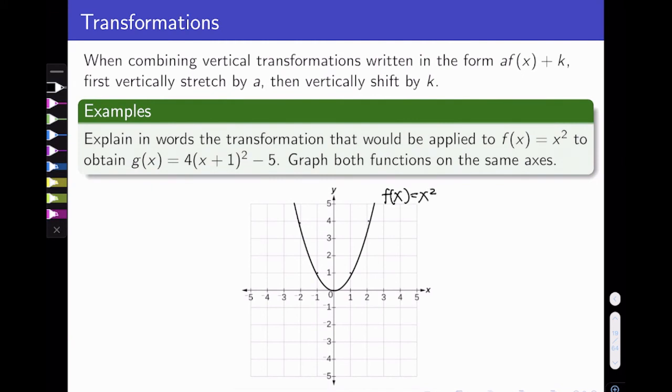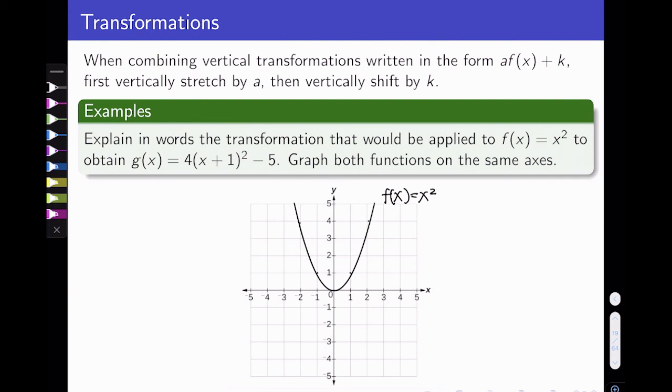So let's talk about first in words how we'll obtain our transformation g of x from f of x. So again, by order of operations, we'll start from the inside transformation, which is going to be this x plus 1. And remember, if it's on the inside, we're adjusting x's. Since the value on the inside is positive, we're going to be shifting to the left 1 unit.